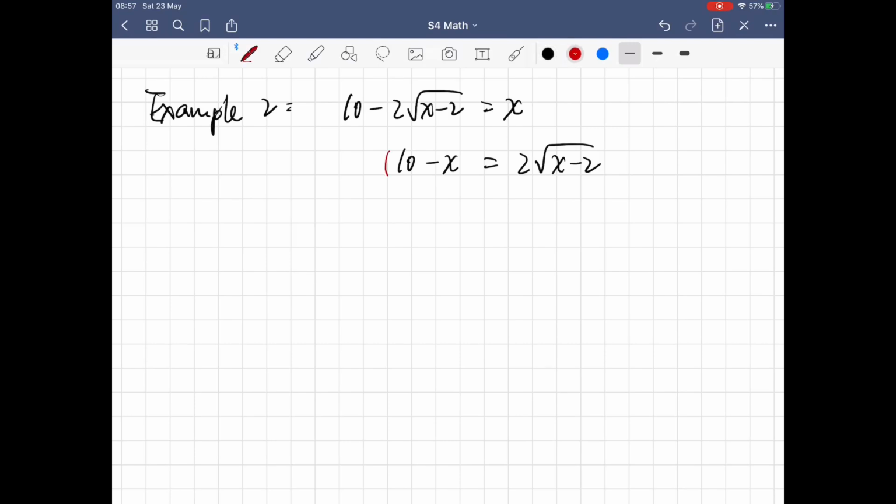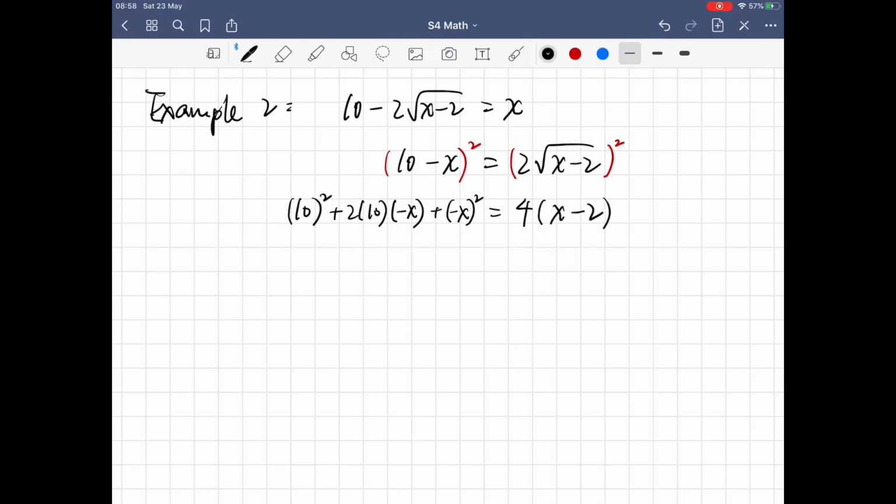Afterwards, again we take the square on both sides. Please be careful with the right hand side. The 2 has to be squared also, so 2 squared becomes 4. And for the square root of x minus 2, after taking the square, it becomes x minus 2.